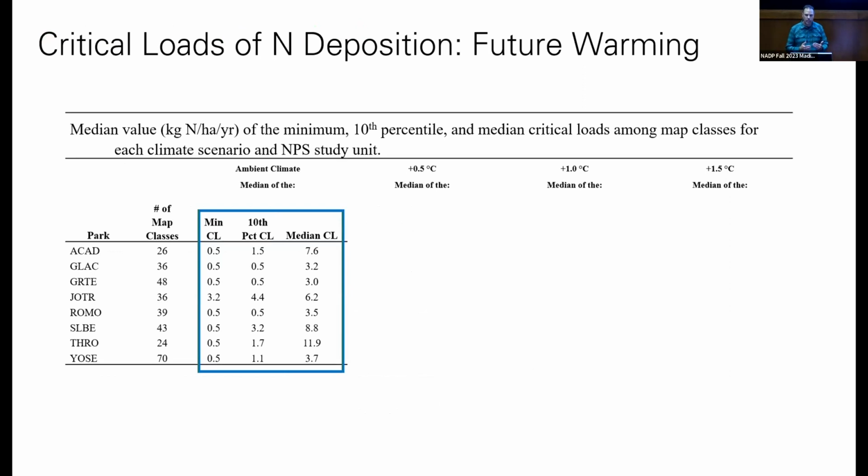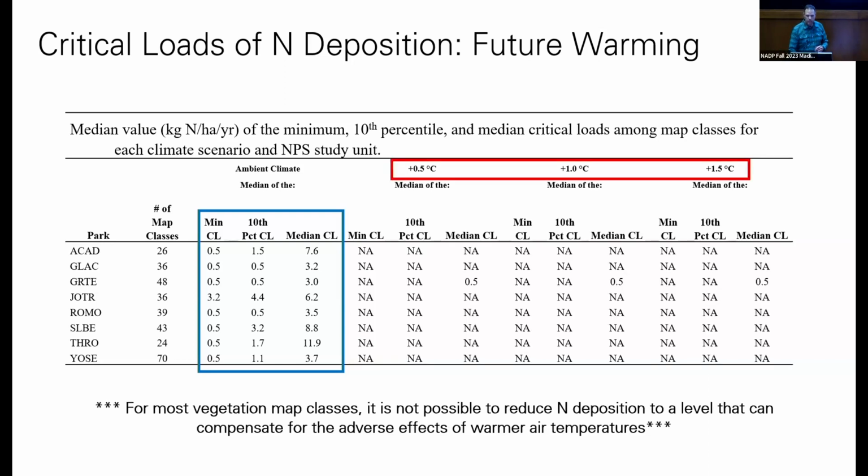And so for Acadia, that median minimum critical load is still very low, and for the most part, other parks as well. And then we see those increasing critical loads based on the 10th percentile, and then the median critical loads are higher. So then the next 3 segments of data are critical loads based on the increasing temperatures.